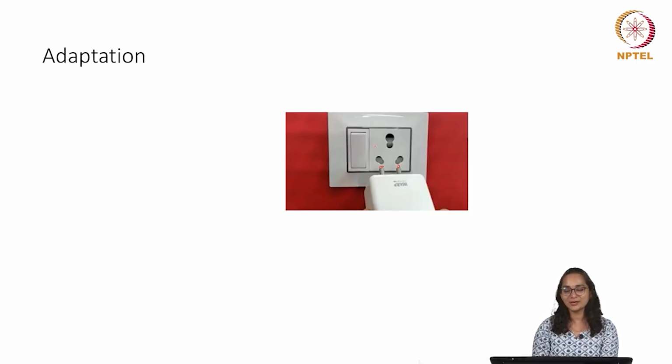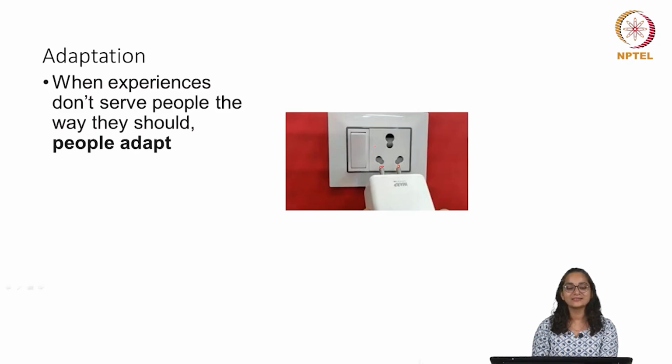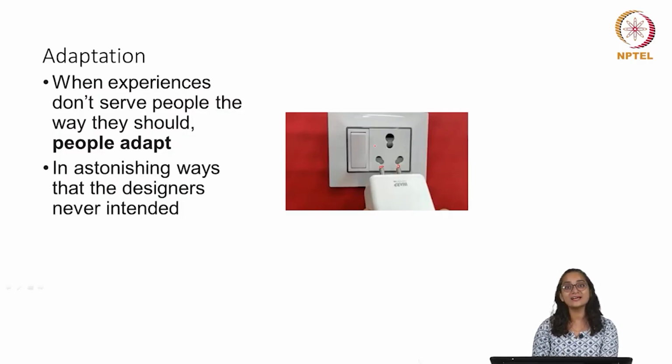I am sure everyone might have done it, right. When experiences don't serve people the way they should, people adapt. They think of some jugaad but get it done, and it's done in astonishing ways, which the designers never thought would happen, but the users do it, right.